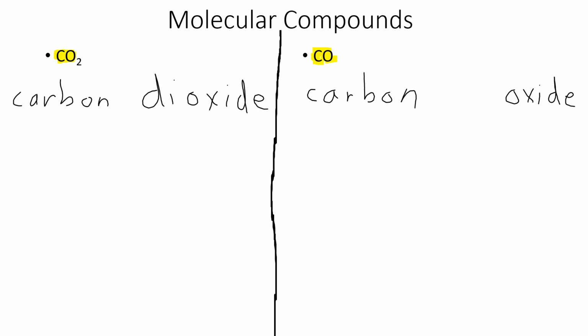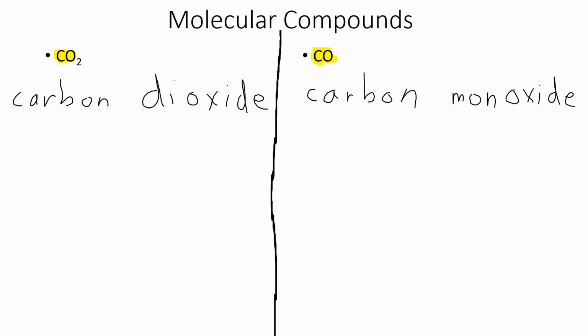Now if we look at the compound on the right, we have one oxygen. The prefix for one is mono, and this is just an English thing. You end up chopping out one of the O's. If you leave the other O in there, it makes the word sound weird. So carbon monoxide, your CO detector in your home, your carbon monoxide detector to alert you if any of this compound is present.